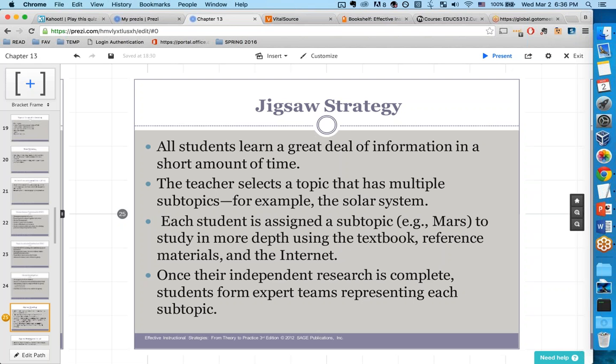Once their independent research is completed, all these individual pieces are combined together for the team, and then here's your teamwork completed at the end.